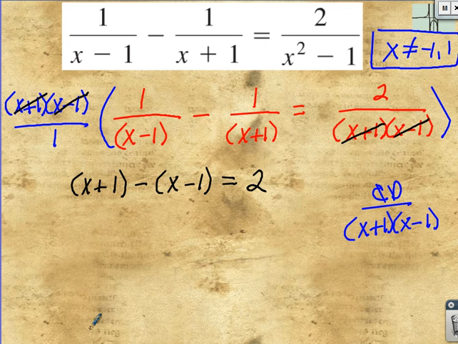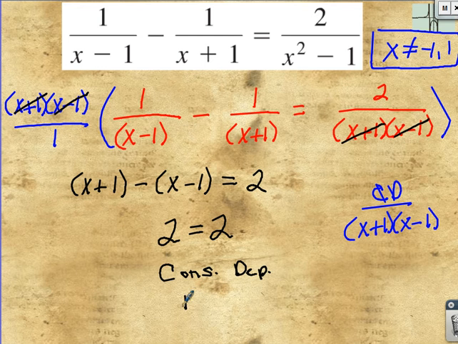X minus X is gone. 1 minus 1, or 1 minus -1 gives you 2. So you're left with 2 is equal to 2. Weird. When is that true? Always. Okay, so this would be a consistent dependent system, which is also known as an identity.